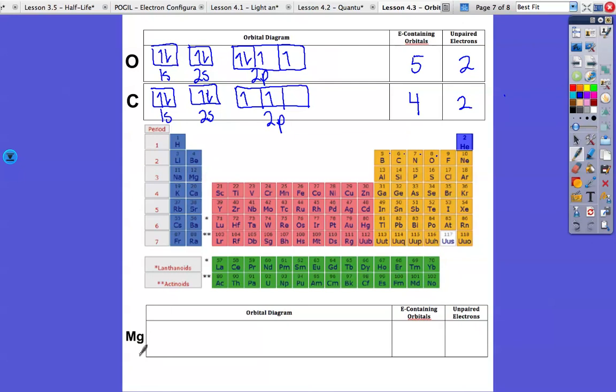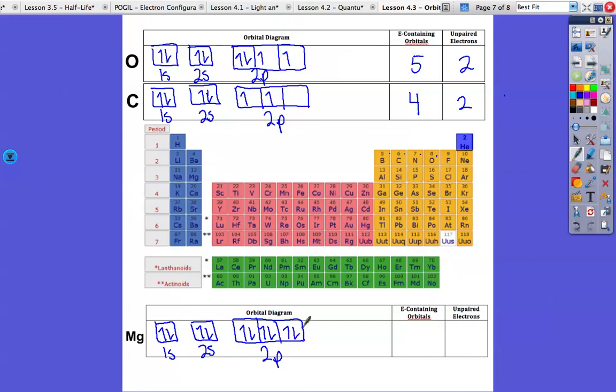To get to magnesium, again, we're going to start off at the 1s. 2 electrons there. 2s, 2 electrons there. We're going to have to go all the way through the 2p sublevel. So we have 2 electrons in each of those orbitals.